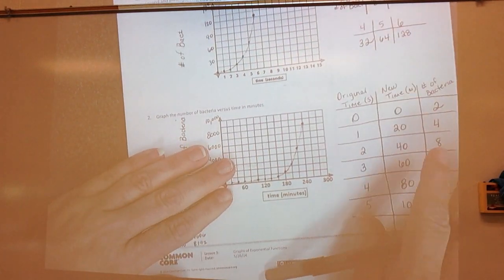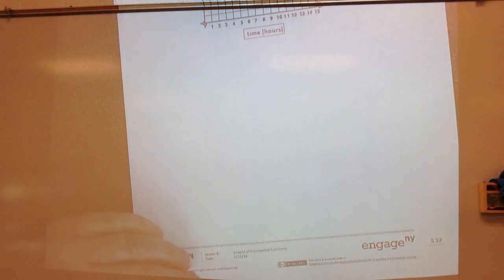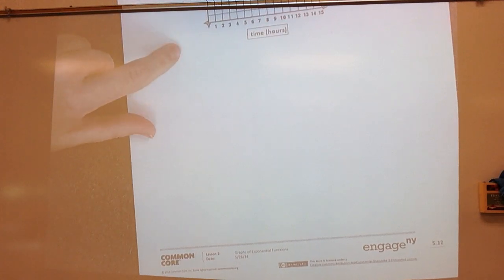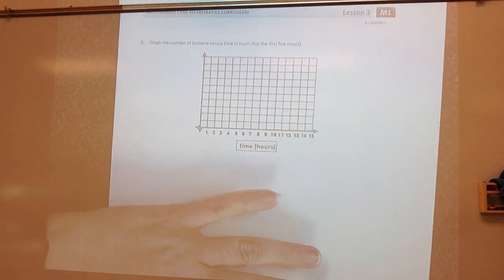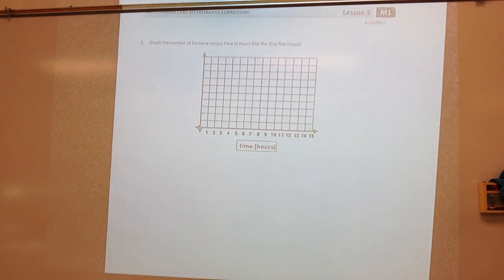Alright. Now what they want us to do is we're no longer looking at minutes, they want us to look at hours. Okay? They want us to redraw this in hours. Now, I don't like the way they did this, because if I'm looking at my chart, I'm dealing with every 20 minutes.